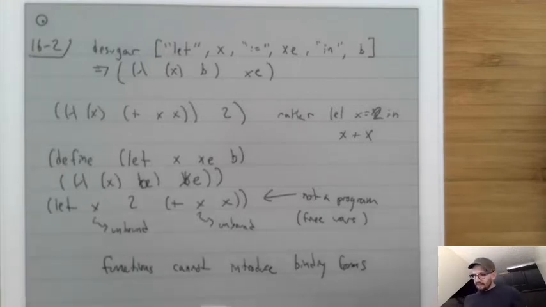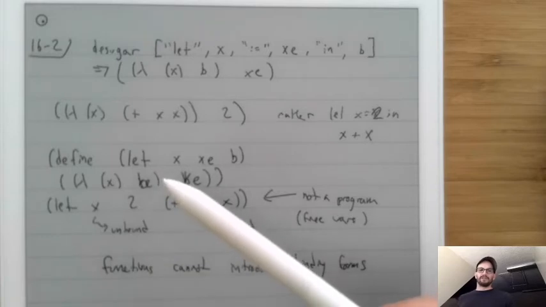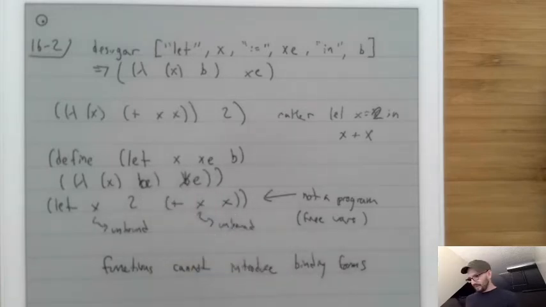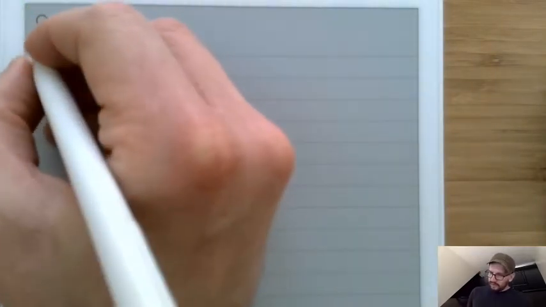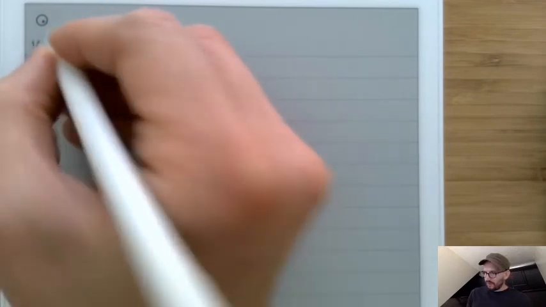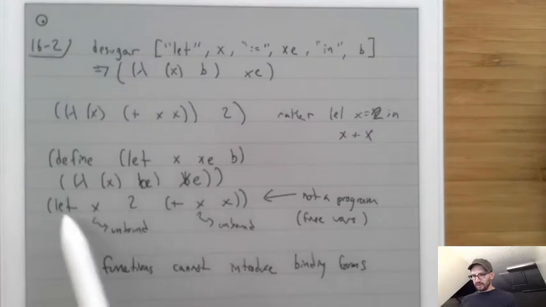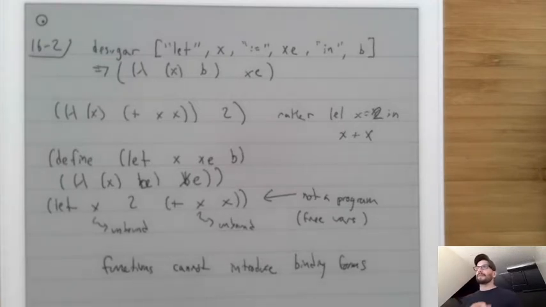And that's because functions always operate on values. So that means when you call a function, every piece of it has to be reducible to a value, and it's that value that actually gets looked at. Okay.